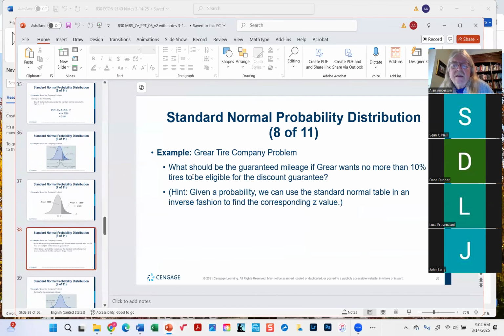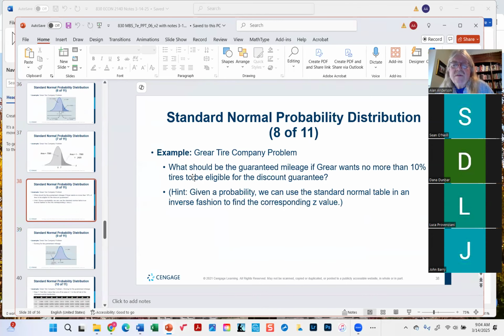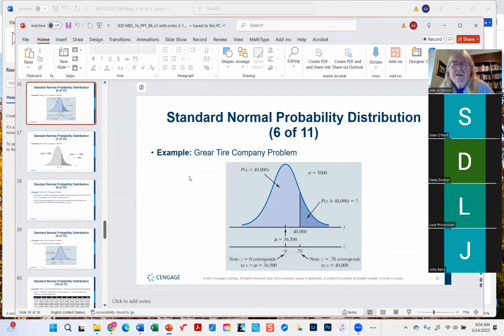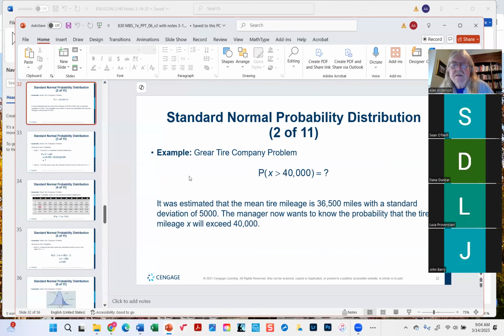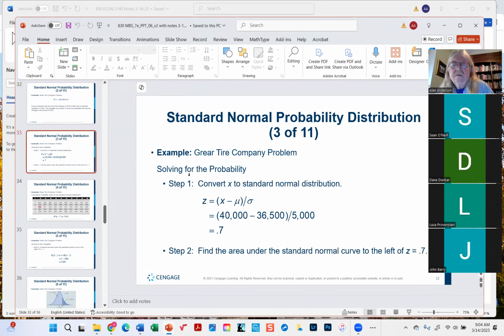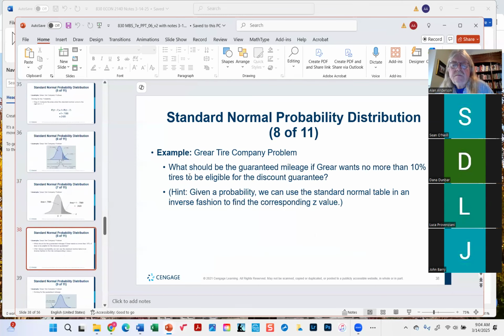All right, let's see. Oh, well, now they're getting into some deep waters. They've decided to go ahead and give people a guarantee of some kind. Okay. So what they want to know is what is the value of X such that the area greater than that is 10%.